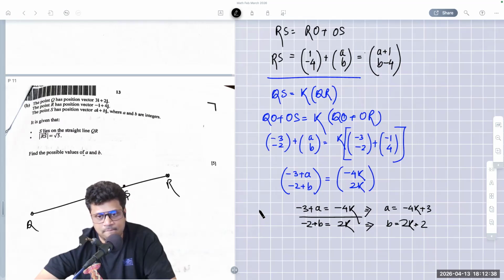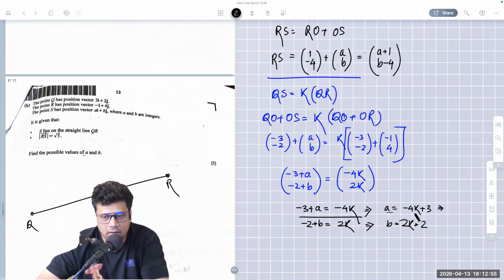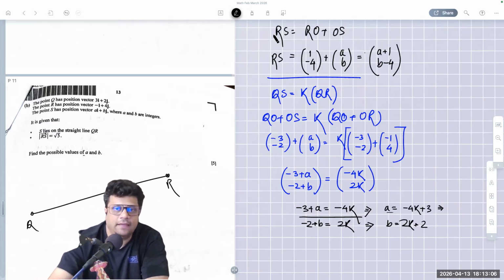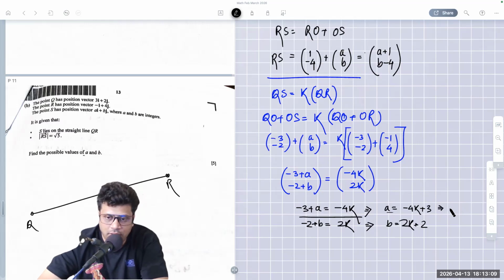I can actually eliminate K. If I bring K from here in terms of A, I will have B in terms of A. Find the possible values of A and B. Oh, nice. Okay, so I'll bring K from here. K equals (3 minus A) by 4.